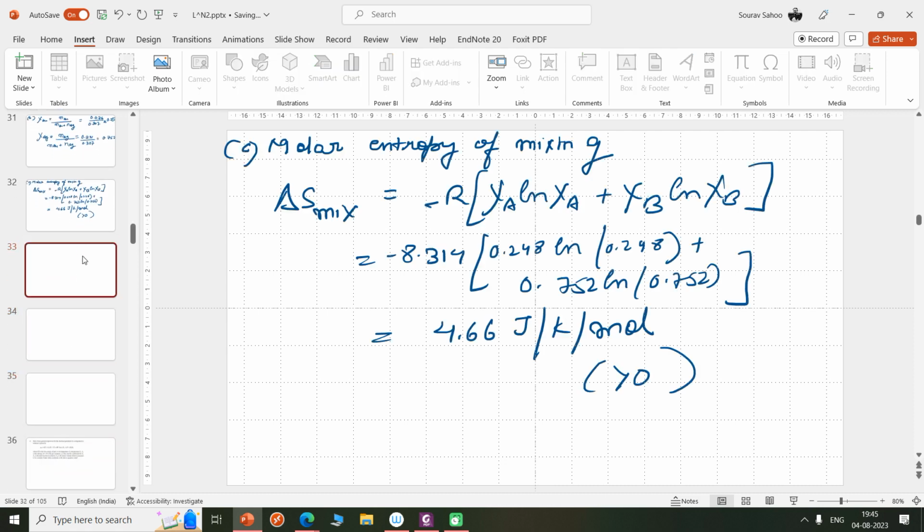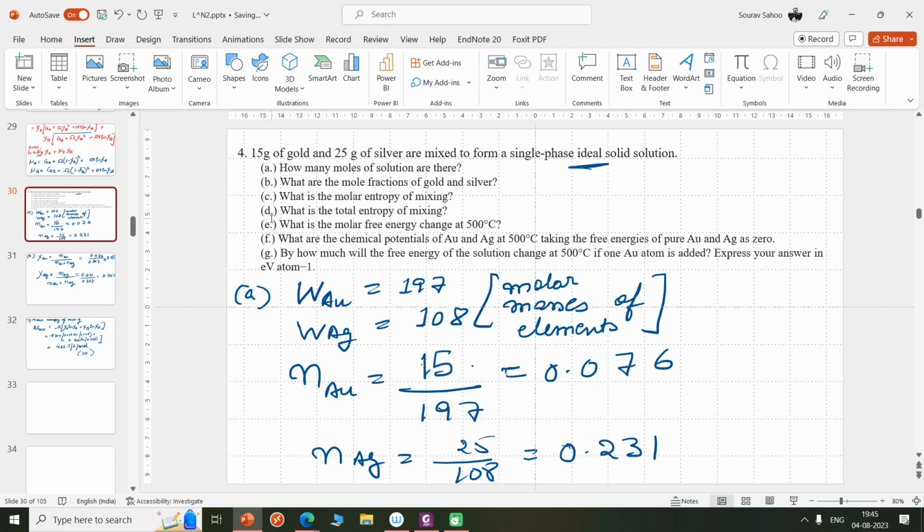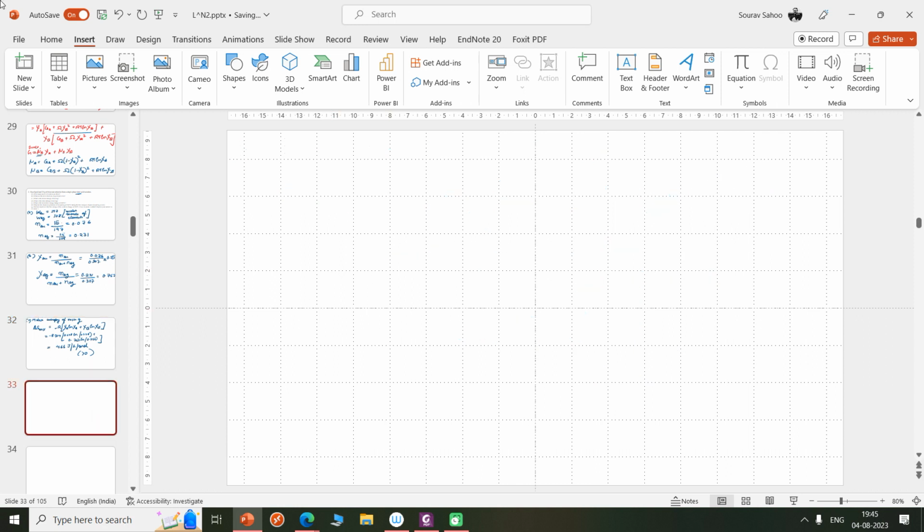Okay, next part asked us what is the total entropy of mixing? Now, this is the molar entropy, right? So the total entropy, because it was calculated as molar entropy, it's the entropy per mole.